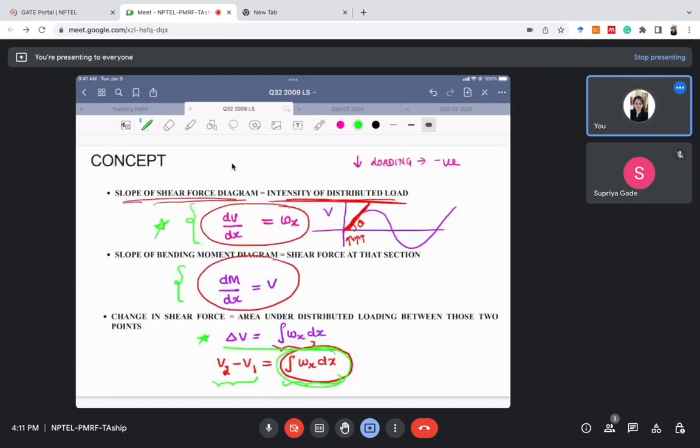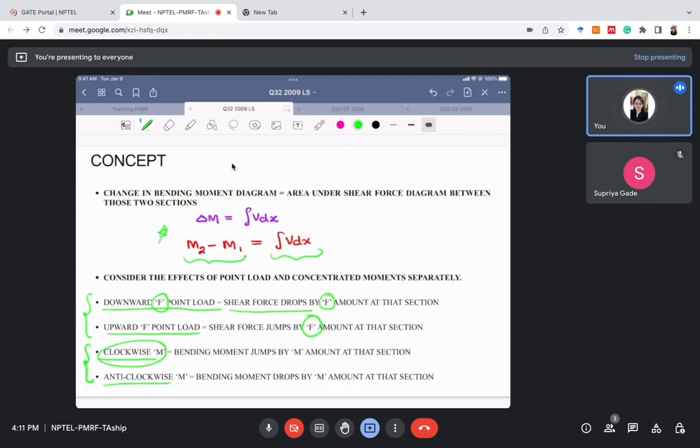Please note down these formulas. You should remember these 8 points while drawing the shear force and bending moment diagram from the loading diagram. Also, they will be helpful in drawing the loading diagram from the shear force diagram, because these types of questions are also asked in GATE and engineering services examinations.